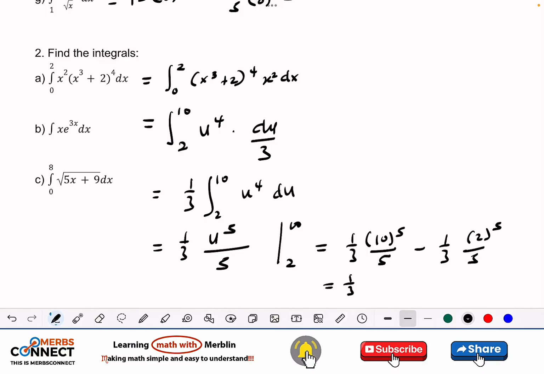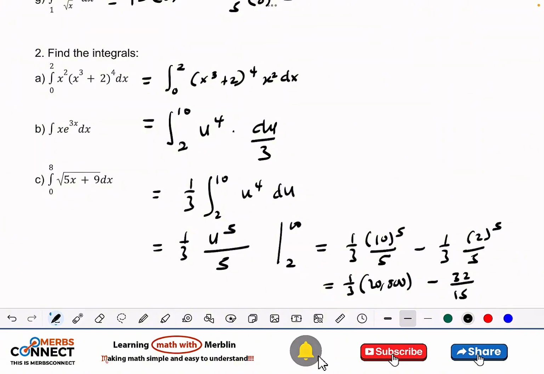So we are going to have 100,000 divided by 5, which is 20,000, minus 2 to the power 5, 2 times 2 times 2 times 2 times 2, which is 32. So this one is going to give us 32 divided by 15.